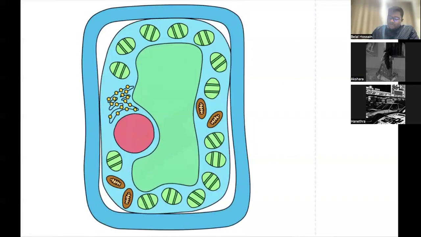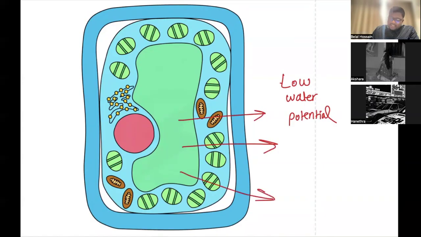So the outside region has low water potential, so water has moved out of the cell increasingly. Remember, the cell membrane will allow water to move out because it is not restrictive. The cell wall is not restrictive. It will allow water to move out if there is low water potential.